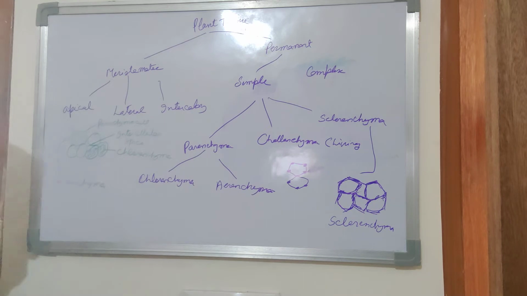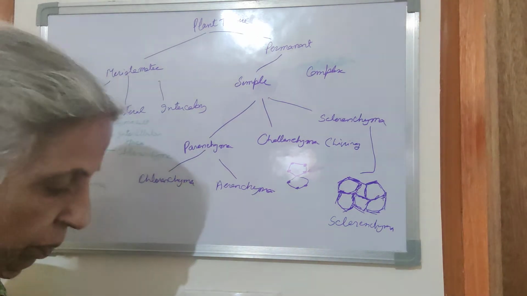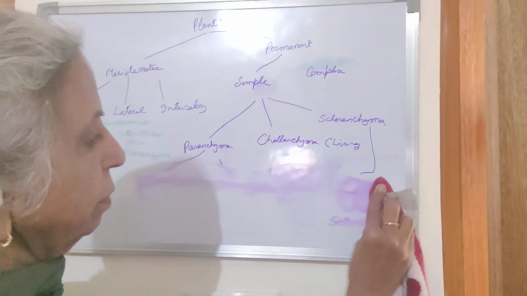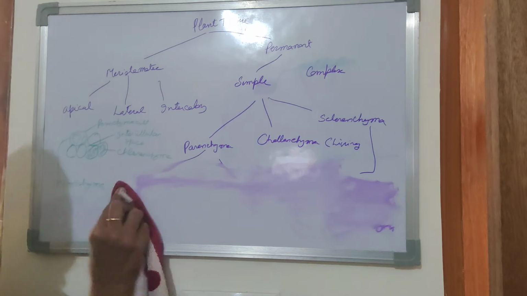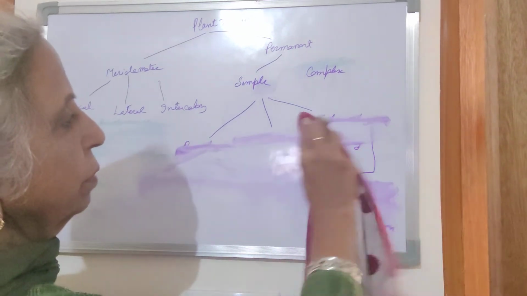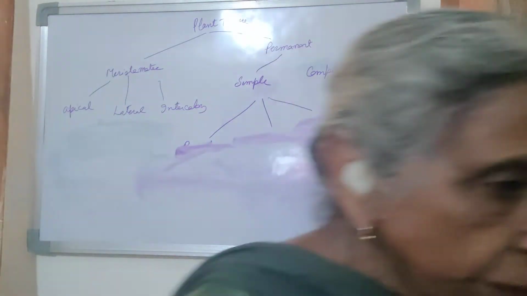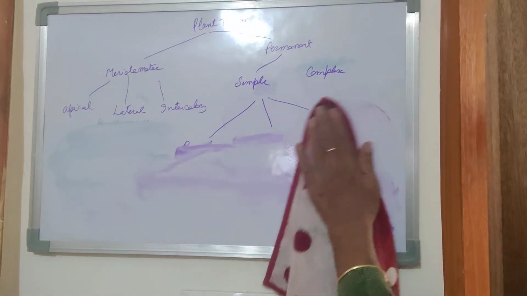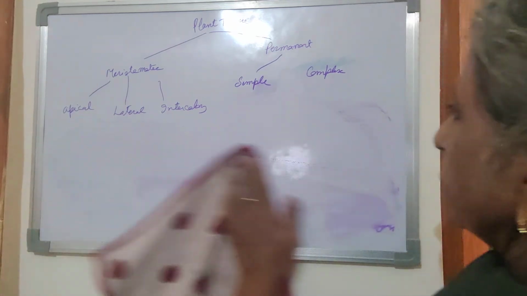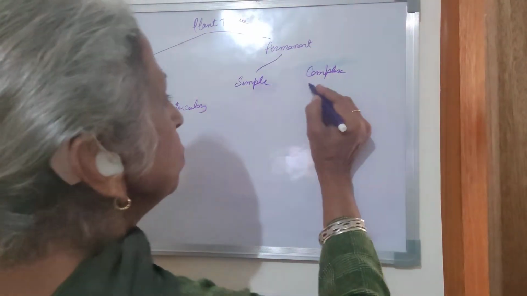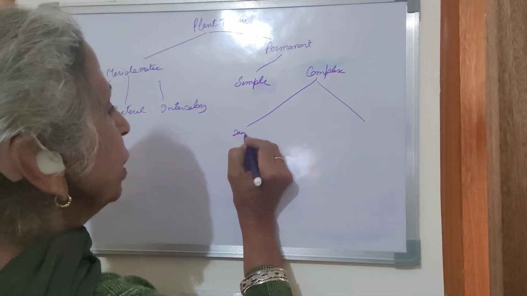Then we come to the complex permanent tissue. Complex permanent tissue is further of two types: xylem and phloem.